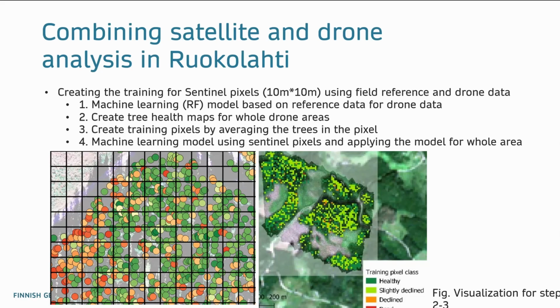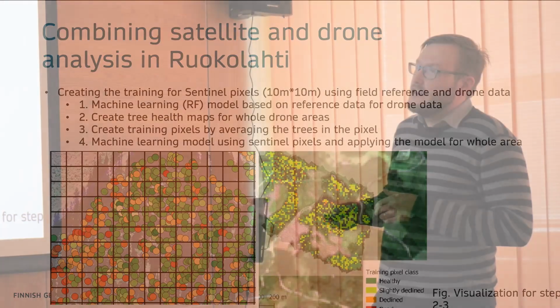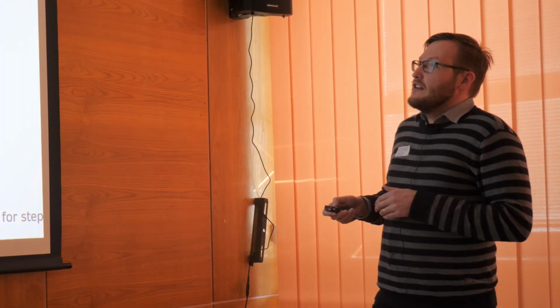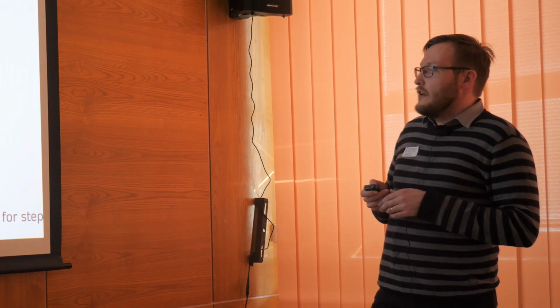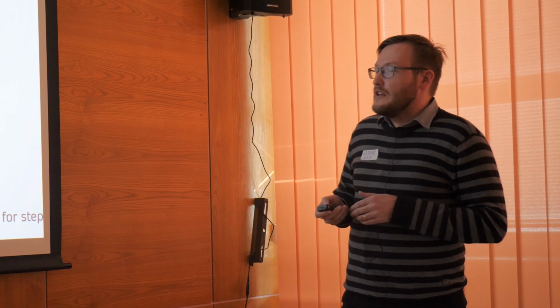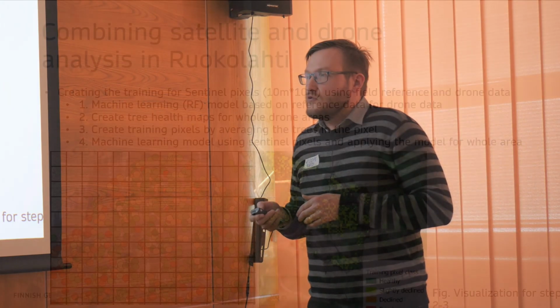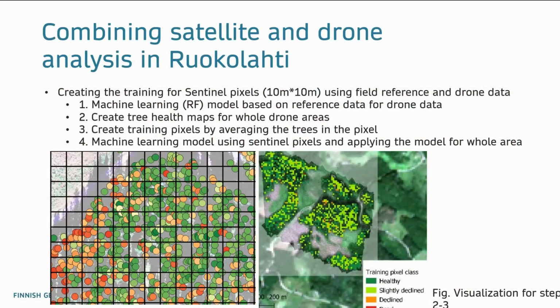So first of all, we had the tree health map from the drone images from the previous slide that I showed here. So we have this already in the first step. And then in the next phase we made the health maps for the whole drone area. And then we were thinking that we could use this data to make training pixels for the Sentinel.